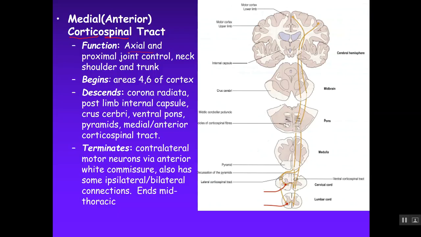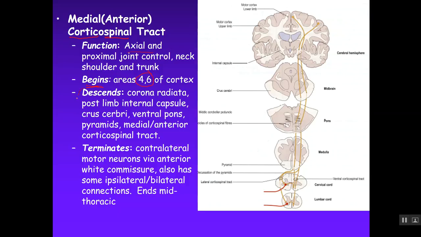It begins in areas 4 and 6 of the motor cortex. Those are Brodmann's numbers, numbers associated with certain regions of the cerebral cortex. At the end of this lecture, we'll go through the cerebral cortex, and you'll know what areas 4 and 6 are.